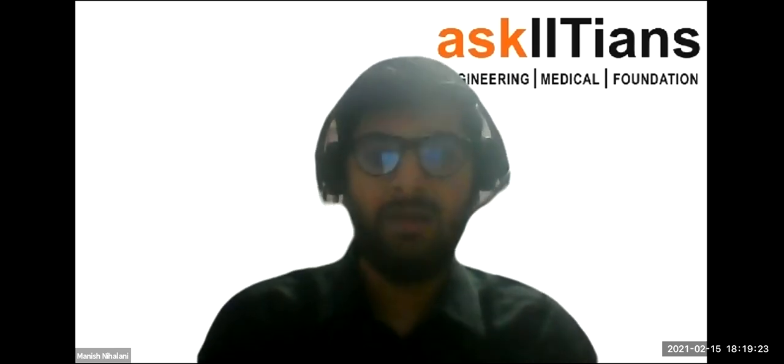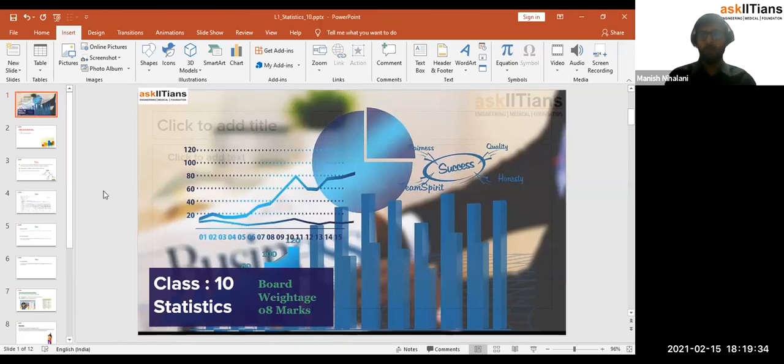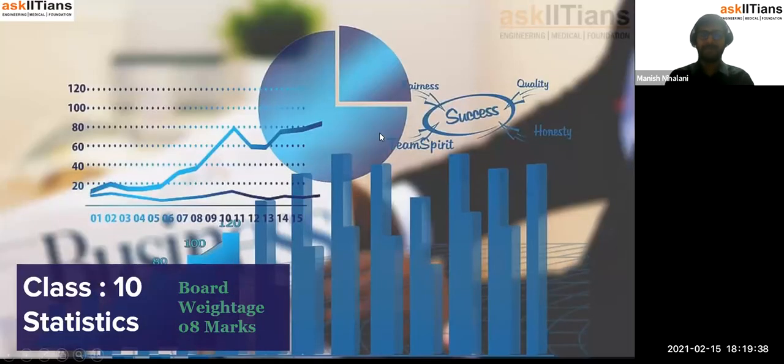What is statistics and what are its applications, right? So I hope you all can see the screen. Now the first most important thing is that this chapter comes in boards for 8 marks, right guys? 8 marks is very important.